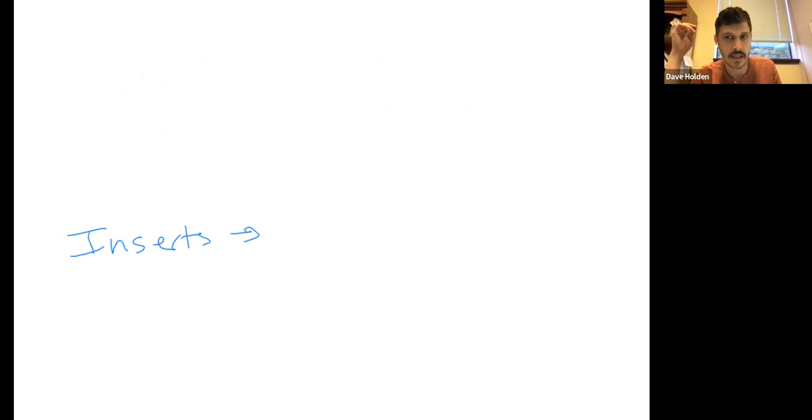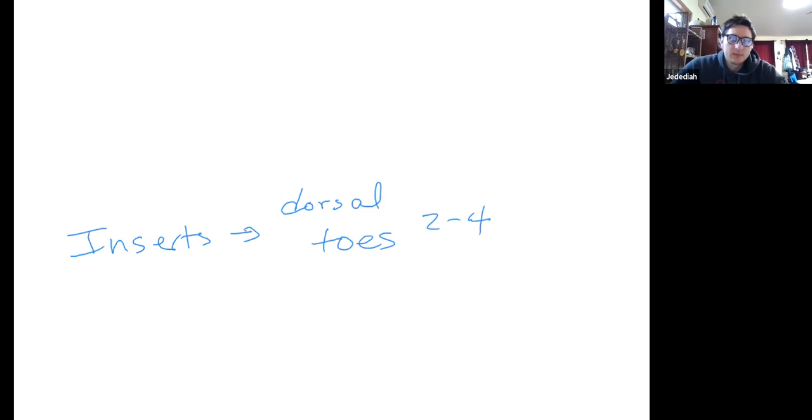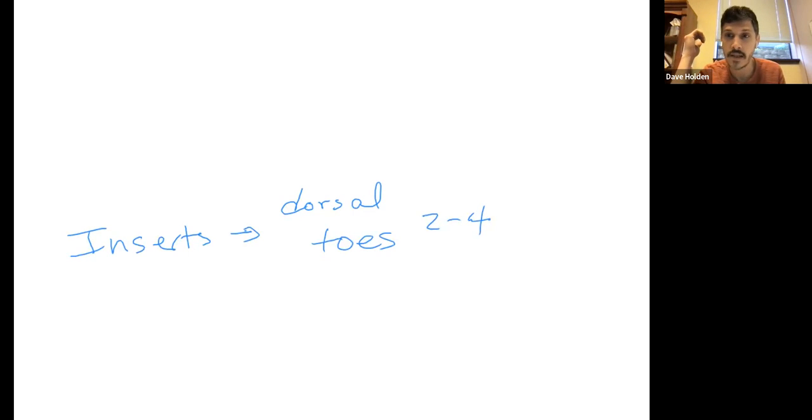I'm thinking of a muscle that is inserting on the dorsal surface of the toes. Toes 2 through 4. Extensor digitorum longus.